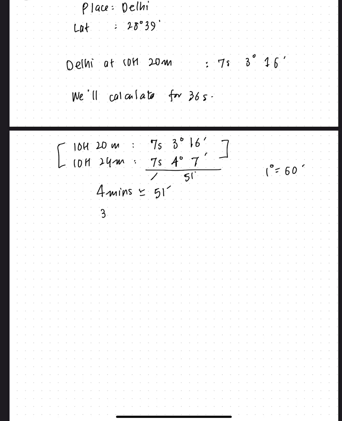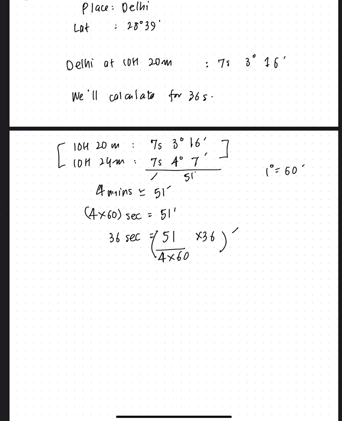4 minutes can also be written as 4 into 60 seconds. And this still is equal to 51 minutes. Now for 36 seconds, following the unitary method, we can just do 51 over 4 into 60 into 36.